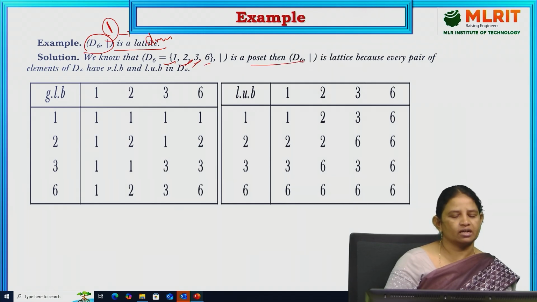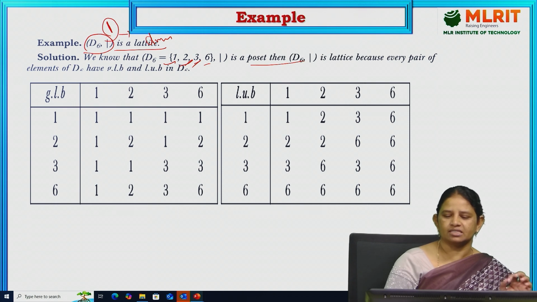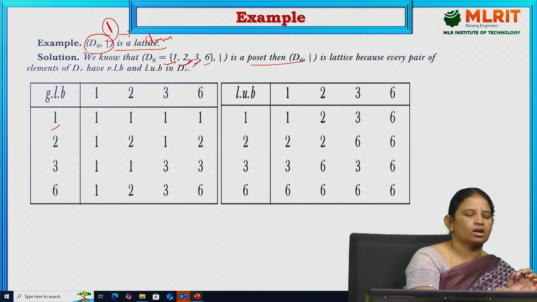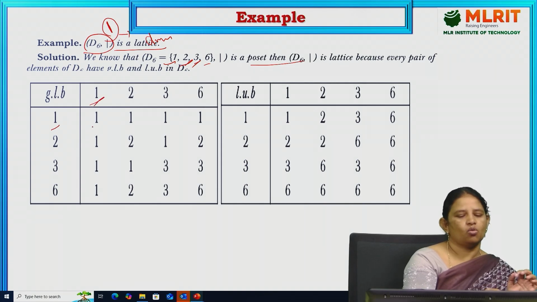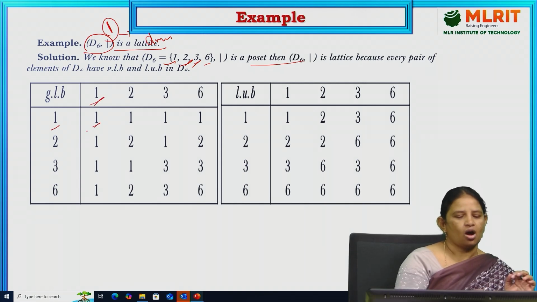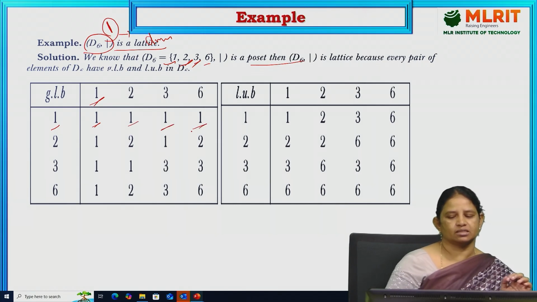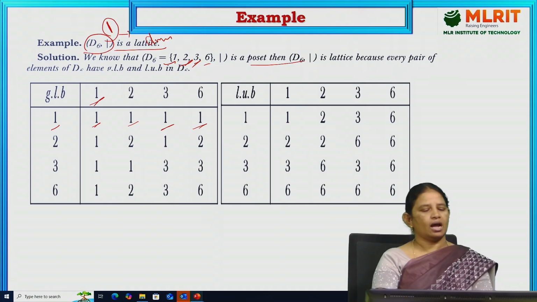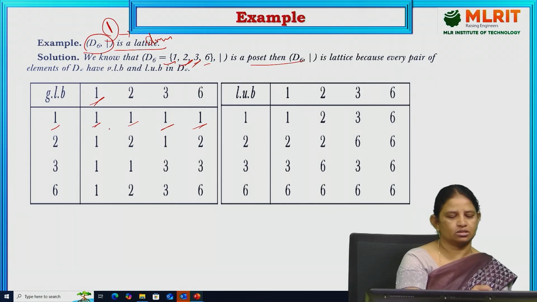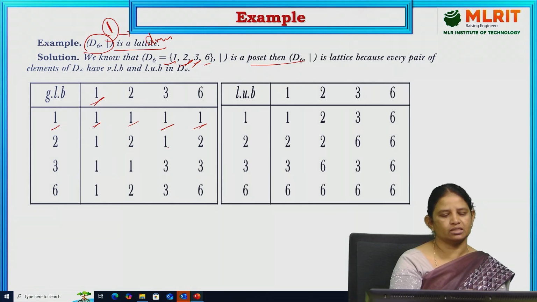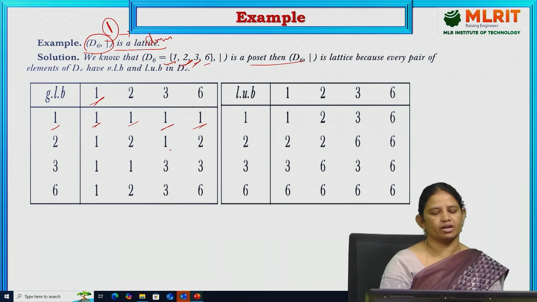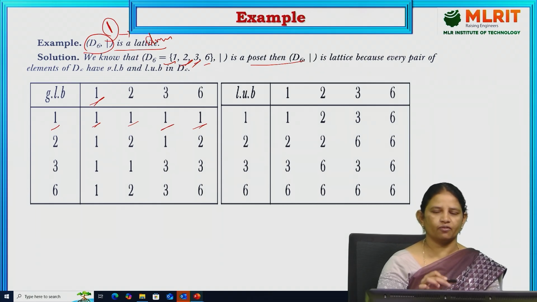We need to check whether a lattice exists for every pair of elements. 1 divides 1, 1 divides 2, 1 divides 3, 1 divides 6. Then 2 divides 2, 2 divides 6. We need to consider every pair of elements.